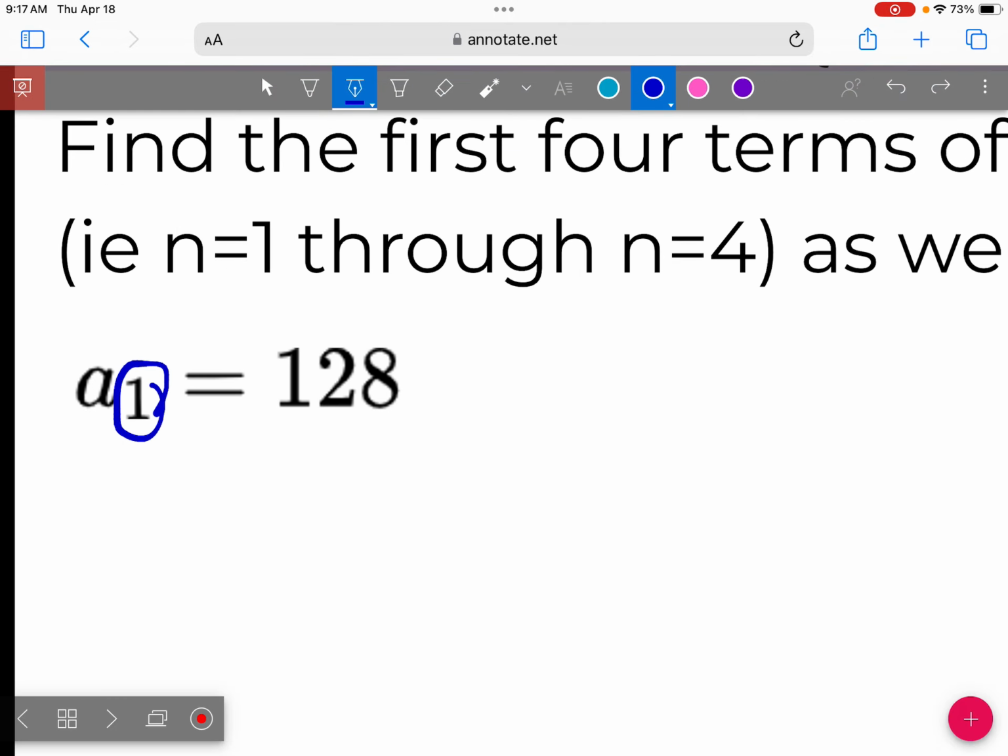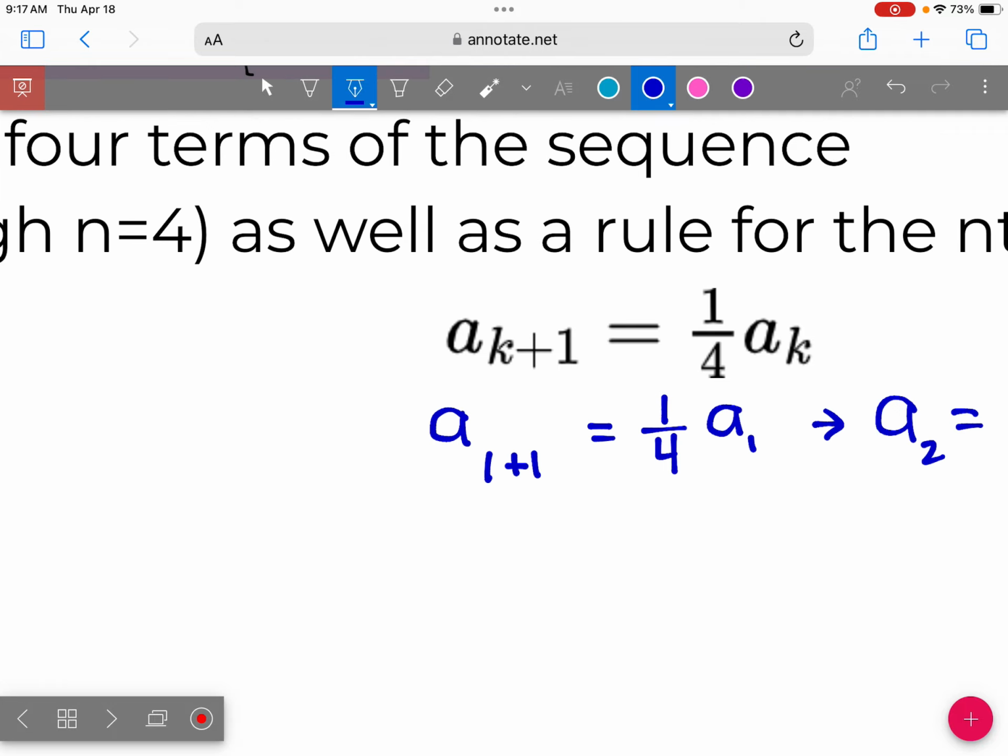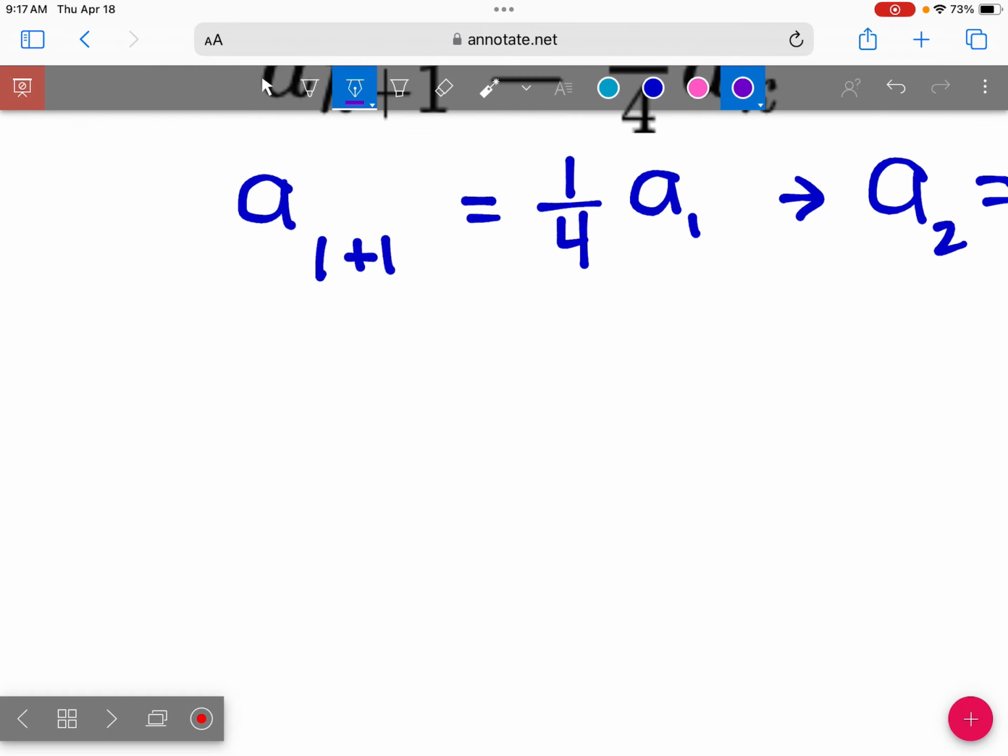So what is a sub 2? So then we're going to do the same thing. A sub 2 plus 1. We're going to have 1/4 times a sub 2.